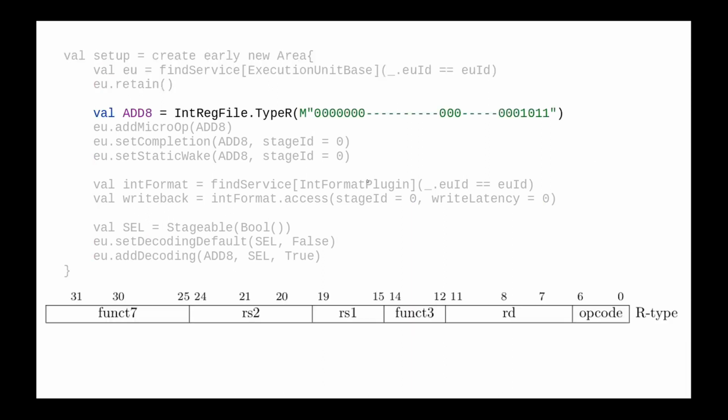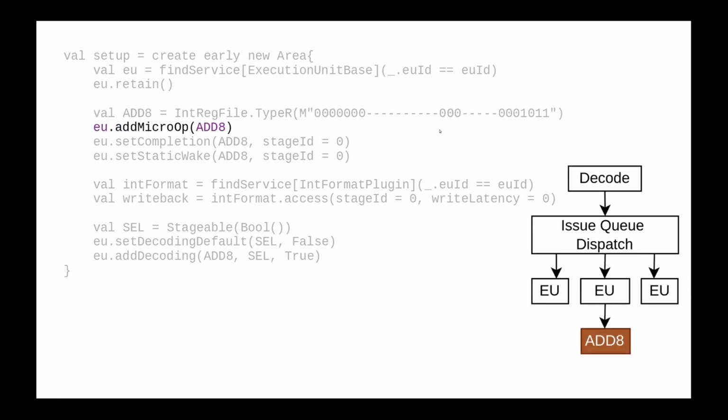And then, for instance, we can define the encoding of our instruction as a RISC-V type R instruction encoding with this bit mask. And then we will delegate a few things to the execution unit to manage.